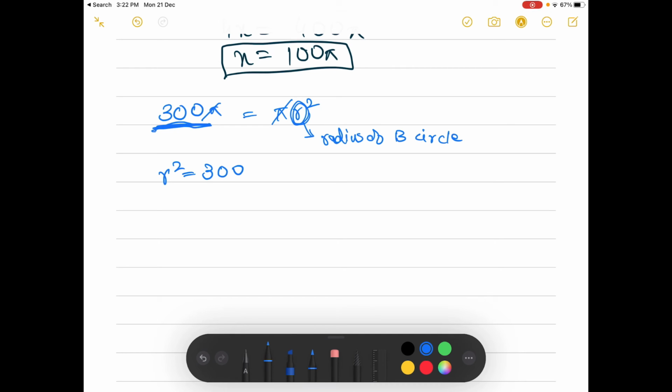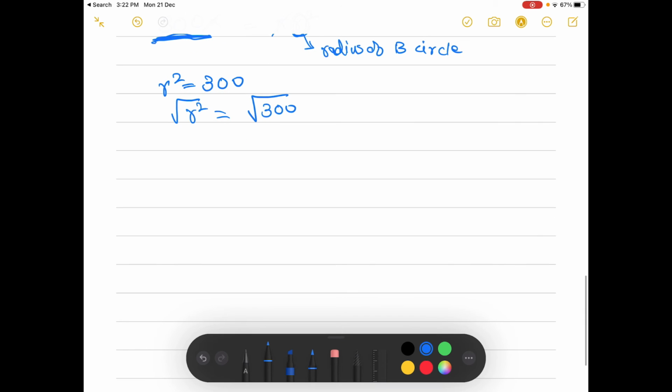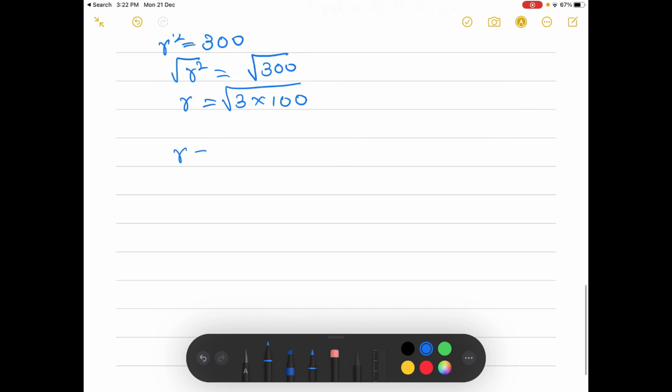Now taking the square root on both sides, we get the square root of r square is equal to the square root of 300. So r is equal to the square root of 3 into 100. The square root of 100 is 10. We take 10 out of the root and put 3 inside the root, because it cannot be simplified.